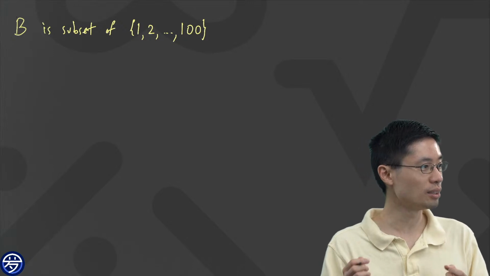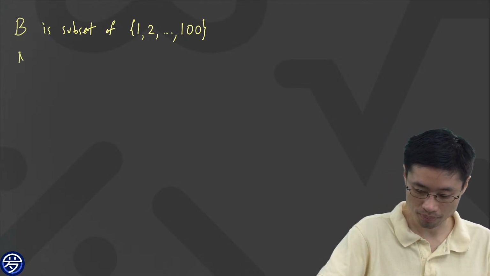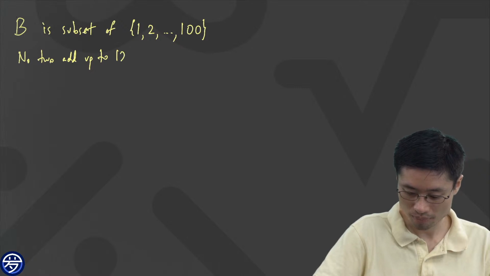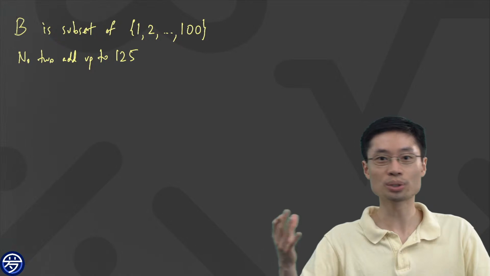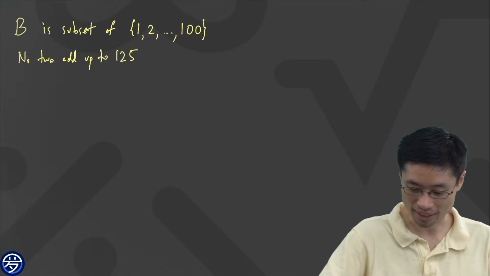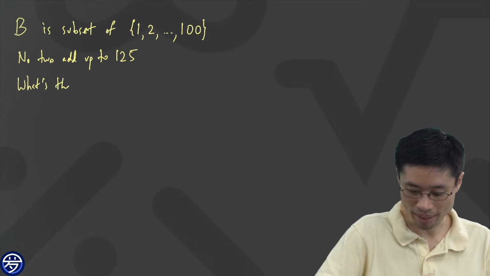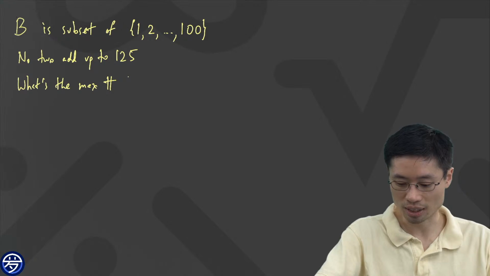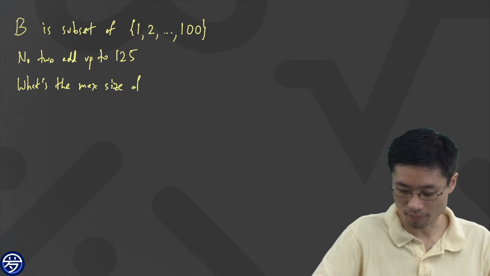The rule says that no two numbers add up to 125. Now, if no two add up to 125, the question is, what's the maximum number of numbers that could be in the set B? What's the maximum size of B?